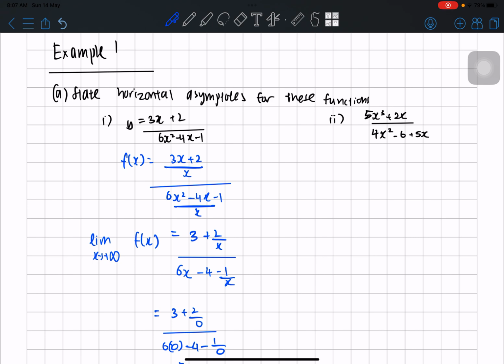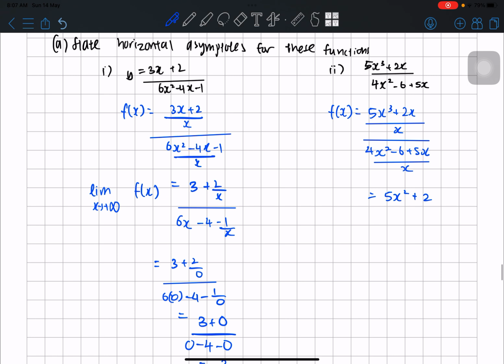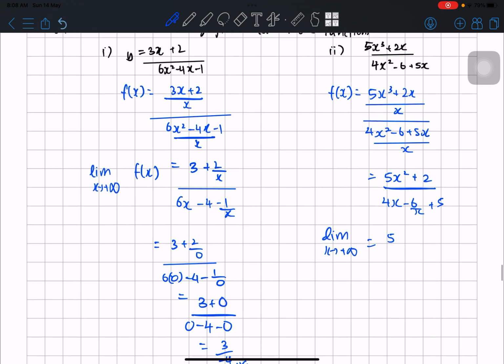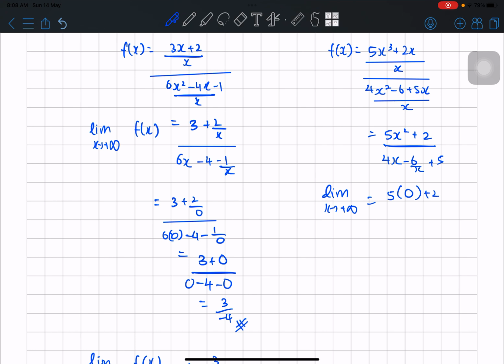So the next question. Make it into the limit to positive infinity, which gives two over 5.